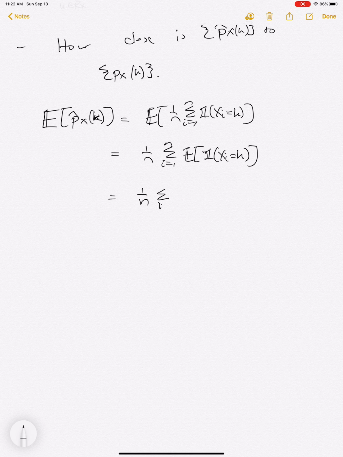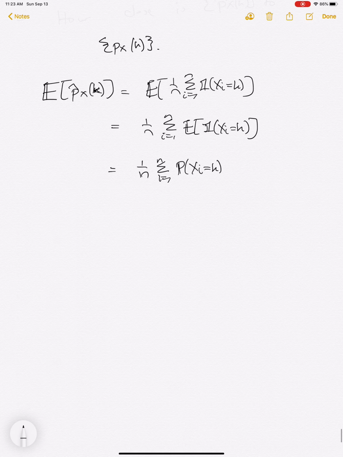What you can hopefully see is that the expectation of an indicator is just the probability of the event. So the expectation of an indicator of an event A is just the probability of A, because the indicator is just a 1 if that event happens, and it's a 0 if the event doesn't happen. So this is just the probability xi equals k, which is px of k.